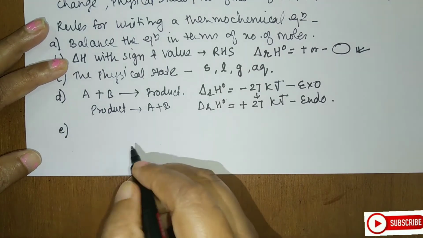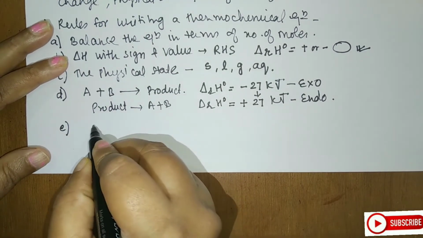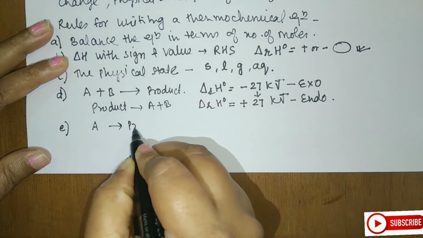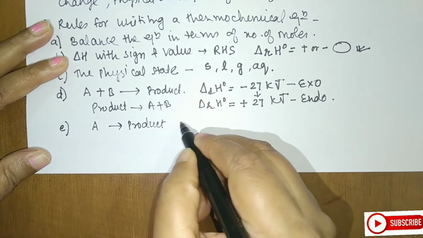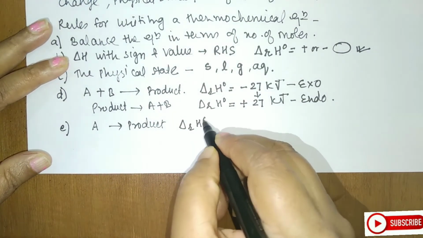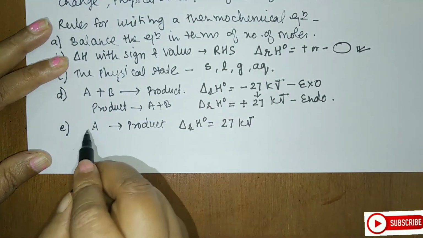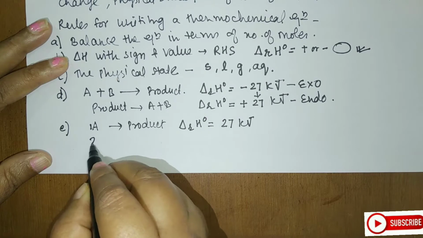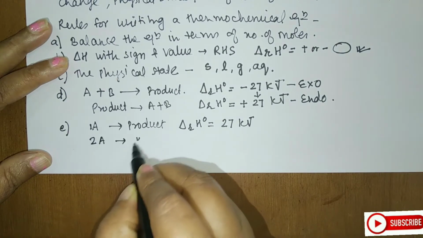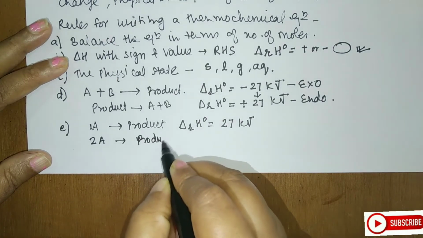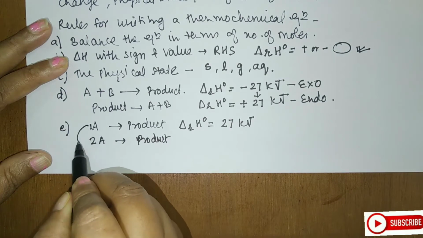What it means, students, is: if I consider A giving me product, and the delta H value given for enthalpy is, suppose, 27 kJ, this is for 1 mole. Now if I want it for 2 moles, what will be the enthalpy change here? If you see, this is multiplied by 2.